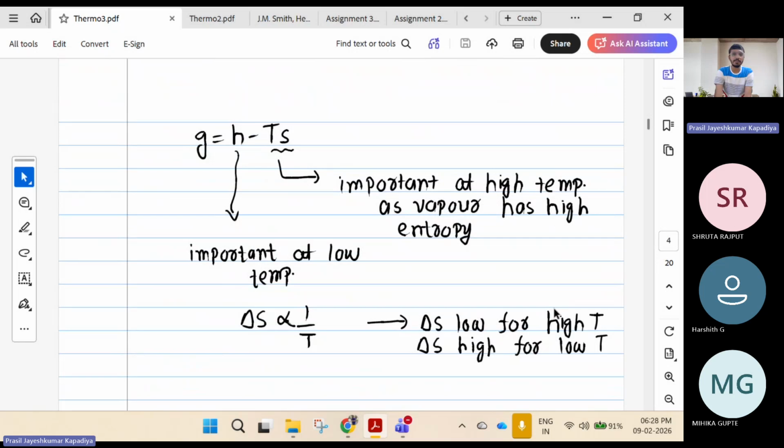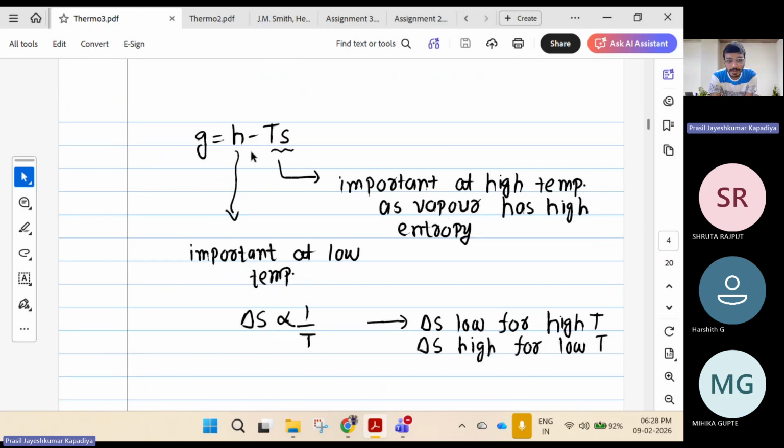So when I say G is H minus TS, at very high temperature, temperature is very high, so this term, minus TS, is going to be very important at very high temperature. Delta S is low meaning temperature is higher, and delta S is high meaning temperature is lower.